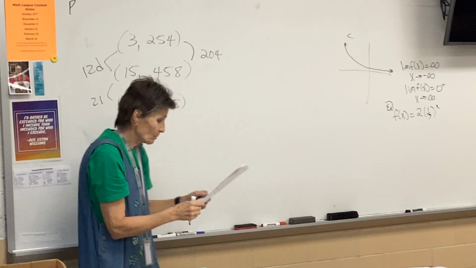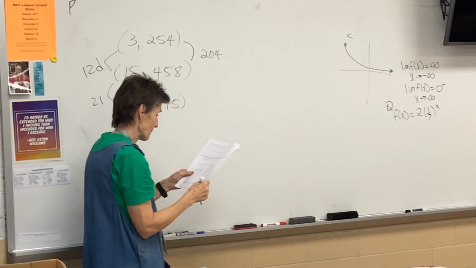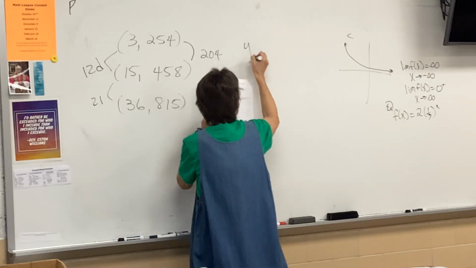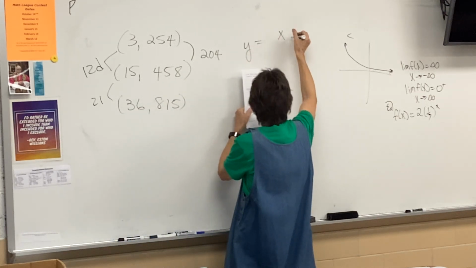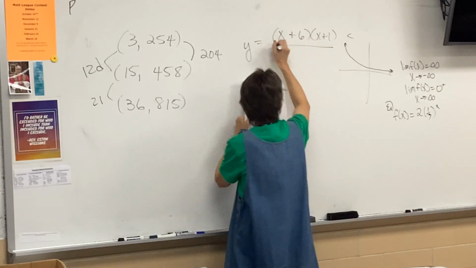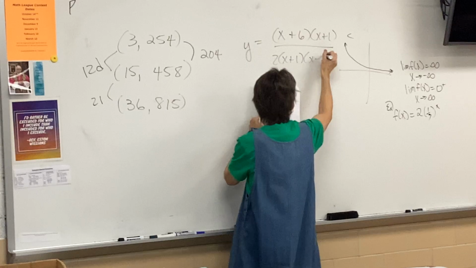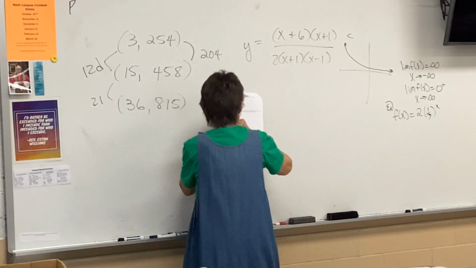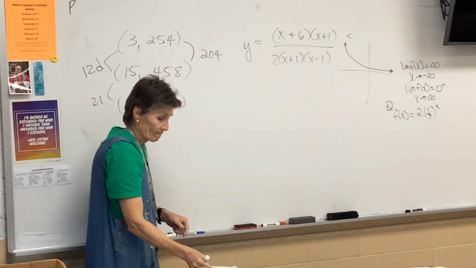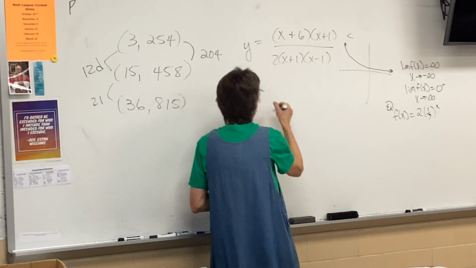All right, number 9. Oh boy. Oh boy. All right, what are we gonna do with this guy? I hope you're gonna factor it. On the bottom, take out a 2. And then you'll have x squared minus 1, which factors like that.